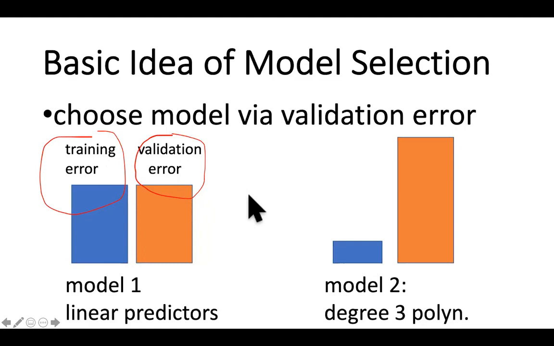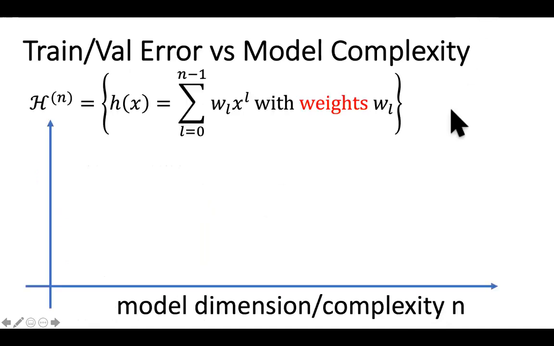Should you collect more training data? Should you use more features of the data point? Should you use a decision tree instead of a linear regression? All of these decisions can be based just on comparing these two numbers, the training error and the validation error. And this is what I really want to see in your machine learning project reports. I want to see such a plot, training error and validation error, at least one such plot.